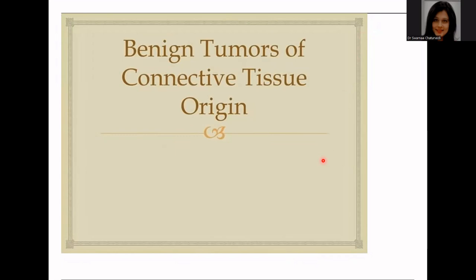Benign are usually encapsulated lesions, while in the malignant, the encapsulation is rare to see. Benign will grow by expansion, but there will not be infiltration in the surrounding tissues, while in the malignant tumors, there will be infiltration seen.